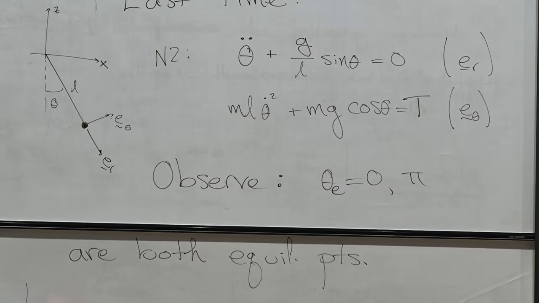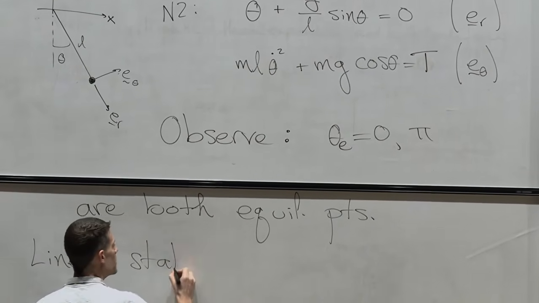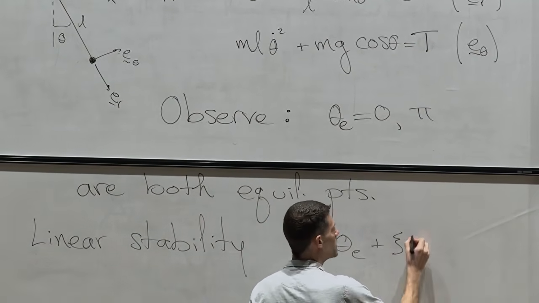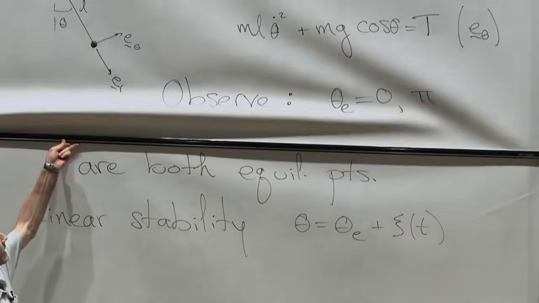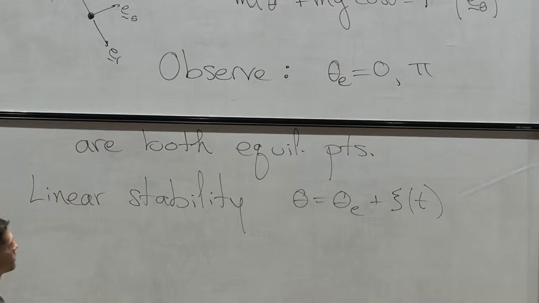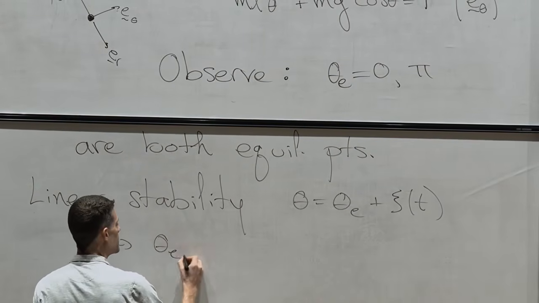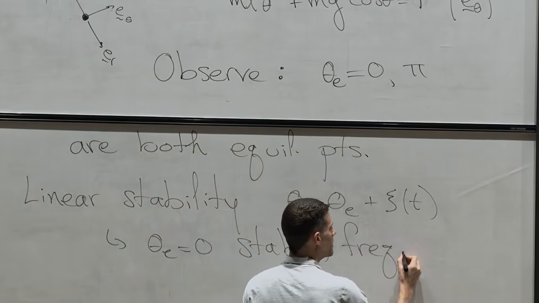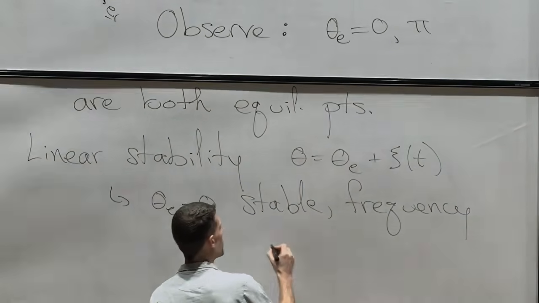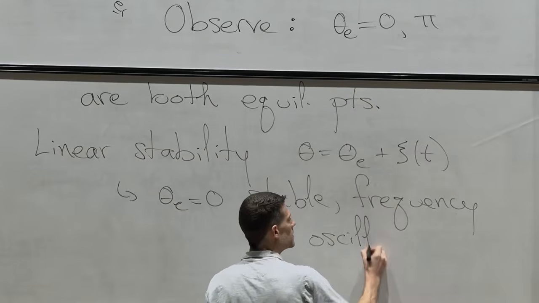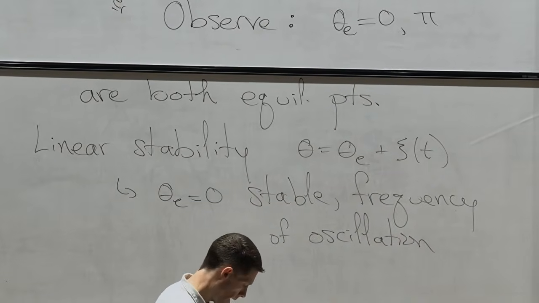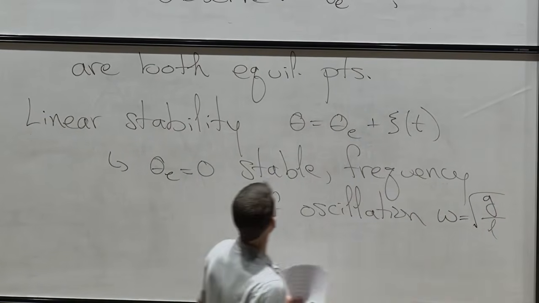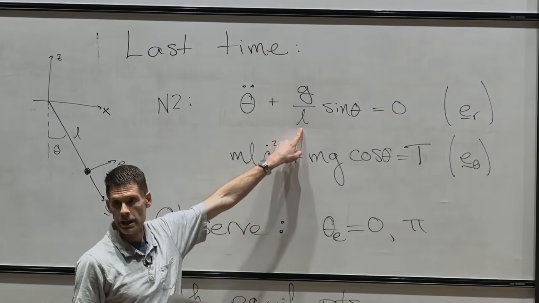If you do linear stability, so theta equals theta e plus some perturbed variable psi, what you find is that 0 is stable with a frequency of oscillation omega equals square root of g over L, which is almost immediate because I'm doing linear stability.